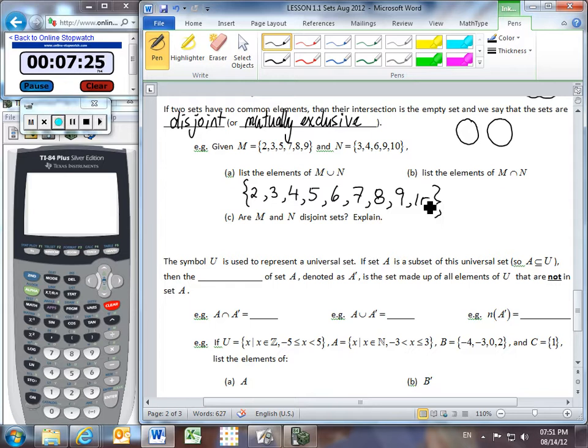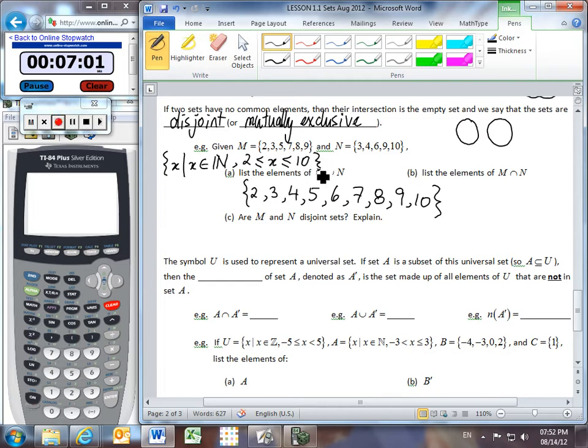So if I wanted to write this in set builder notation, just for practice, I could say that I've got all values x, where x is a natural number, and 2 is less than or equal to x, which is less than or equal to 10.